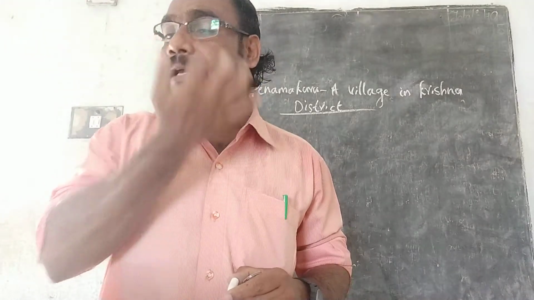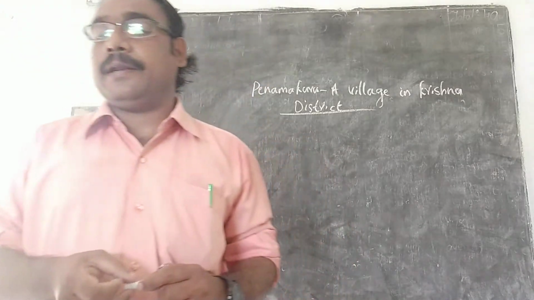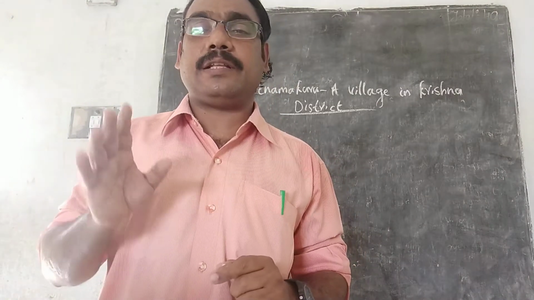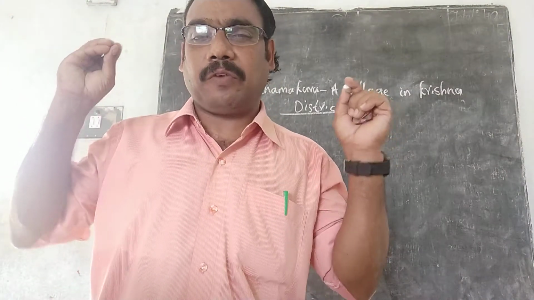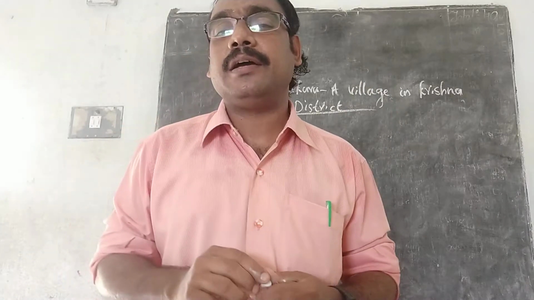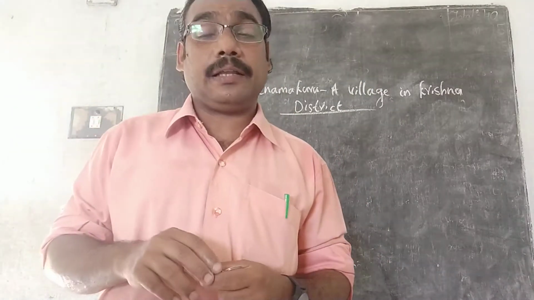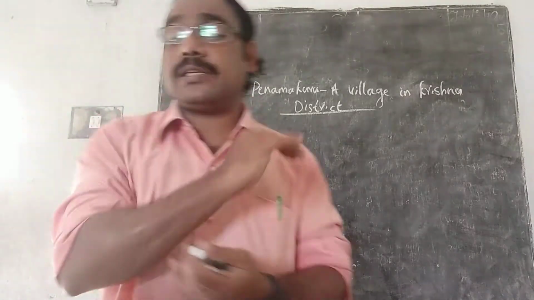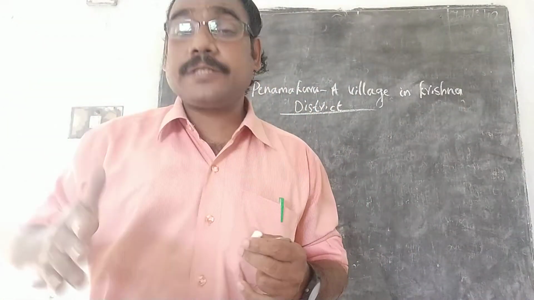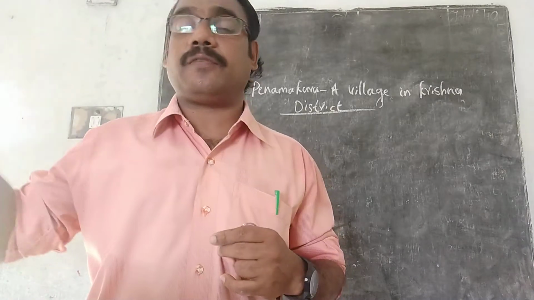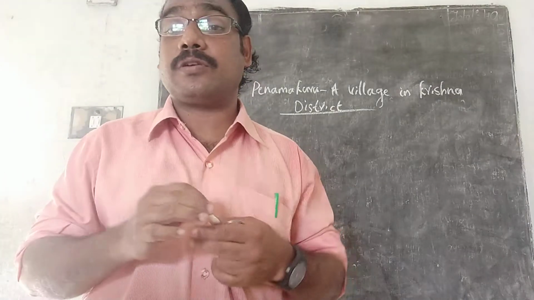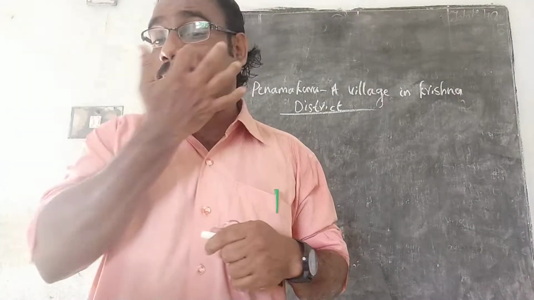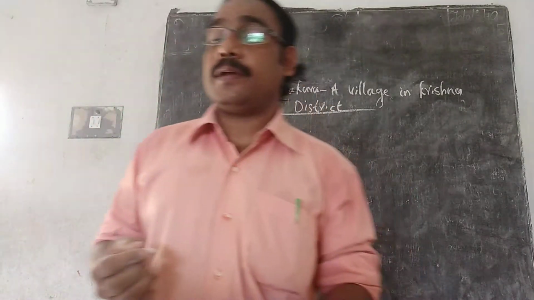Which years? 1997, 2006 and 2009. In these 3 years there was continuous rain and floods almost all over the districts of Andhra Pradesh. But even during these years, Panamakuro village did not get affected because of its land location, which is not easily affected by floods.